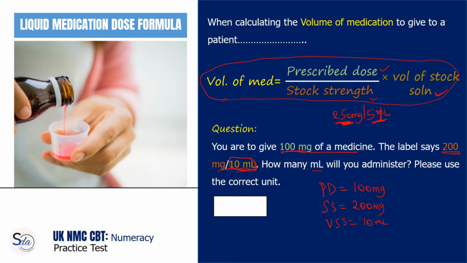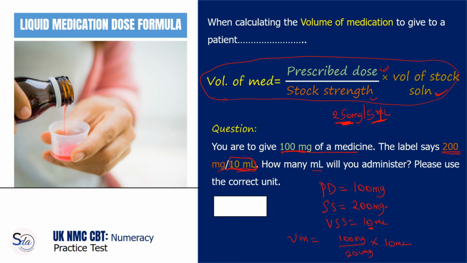We're going to plug these parameters or these numbers into the formula, and then we see what we get. The volume of the medication can be calculated as prescribed dose, as you can see on here. So that is 100 mg, all divided by stock strength, which is 200 mg, times the volume of the stock solution. So that is 10 ml.